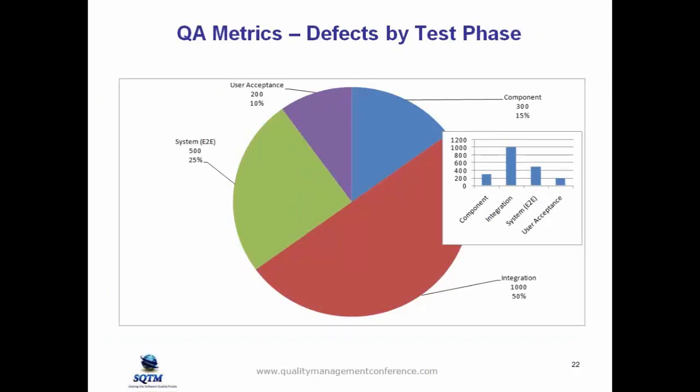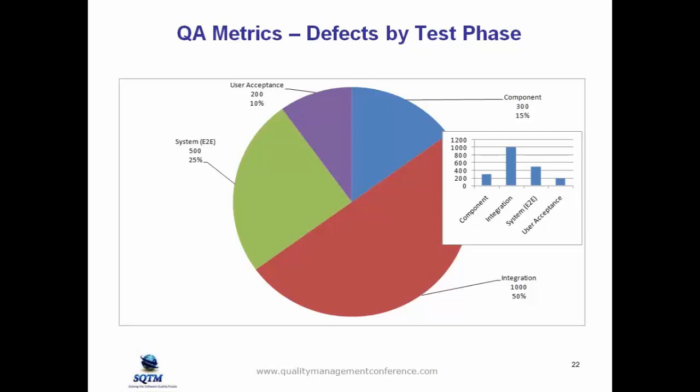And actually, you can see where I've broken out the testing phases. So this is using some of the same data. You can see that from left to right, we found 15% in unit tests, component tests. We found 50% in integration testing.